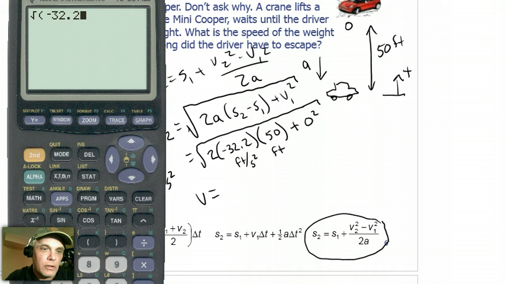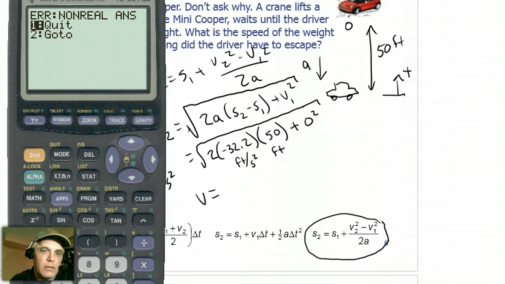Minus 32.2. I'm going to use the keyboard: times minus 32.2, I think you can see the problem, times 50. I got a little ahead of myself.